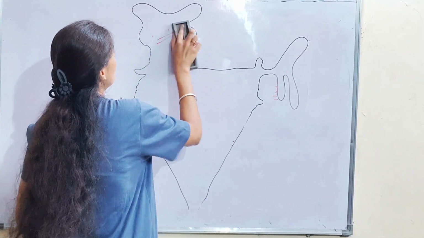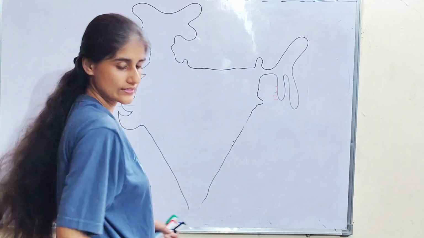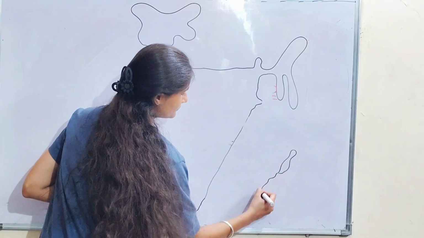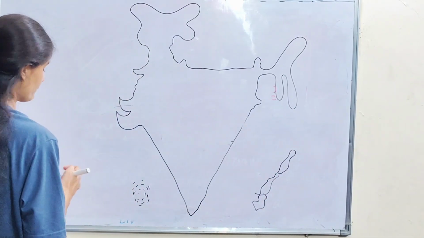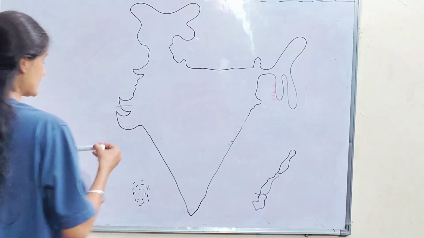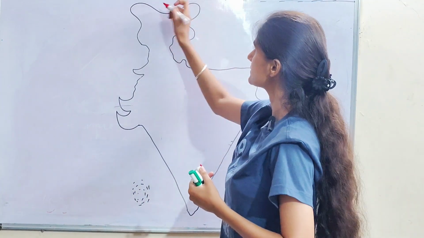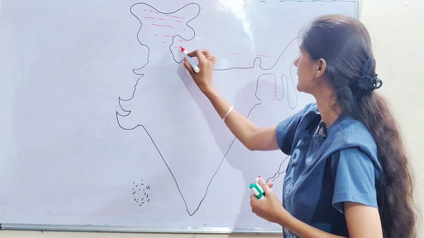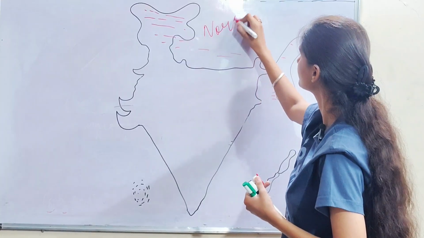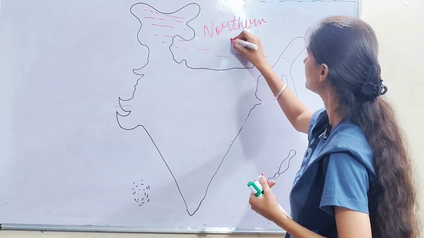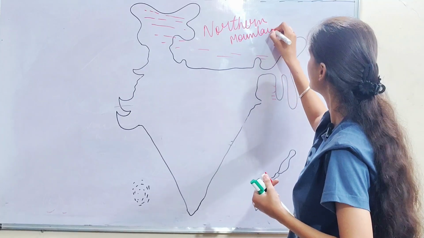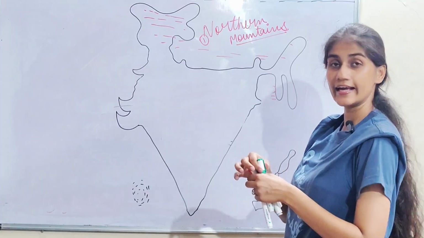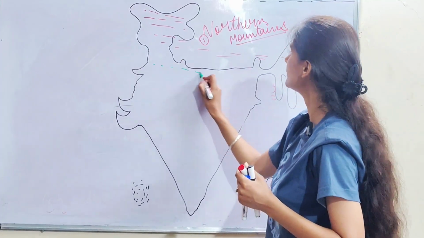The first part is the northern mountains. This is the first. Then second, we have the northern plains.